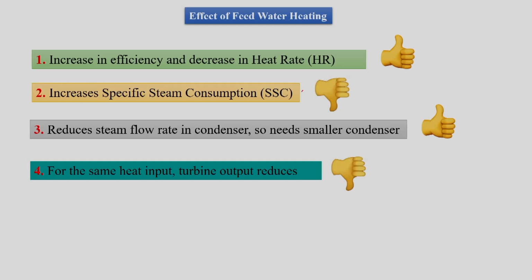So, this is what we have talked about, the case where we are having regeneration with feed water, type of backward or type forward or closed or open type of feed water heating, and these are the advantages of regeneration. So, here we end our discussion of the initial part on Rankine cycle with feed water heating.